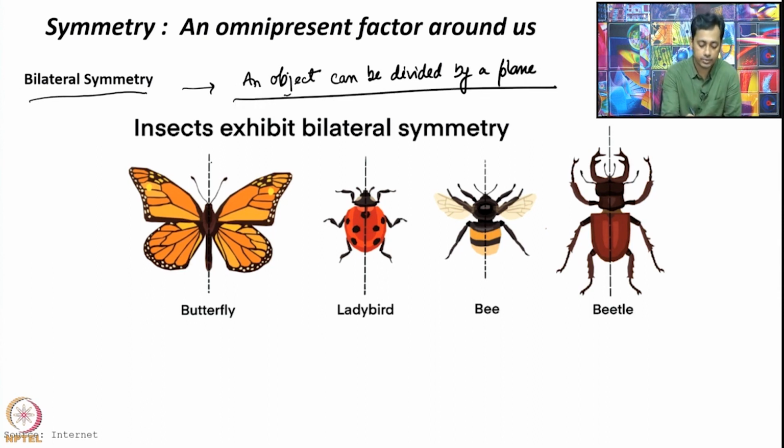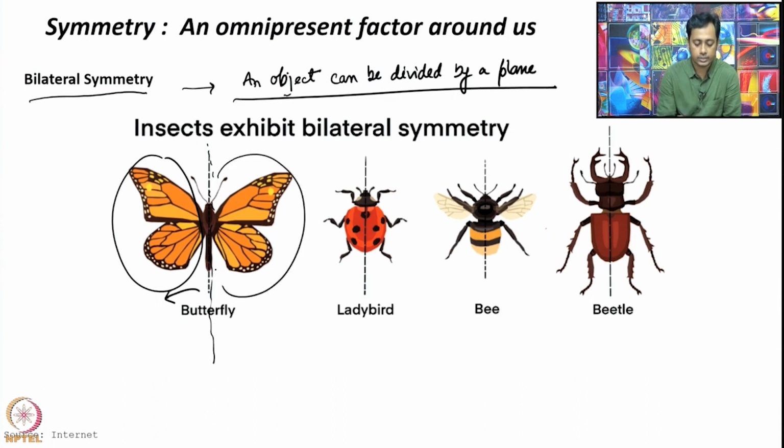For example, again we are bringing the butterfly and here is the plane. On this side of the plane whatever we see is actually mirrored on the other side. That is why we call it bilateral symmetry. So, there will be a plane and either side will be very similar.